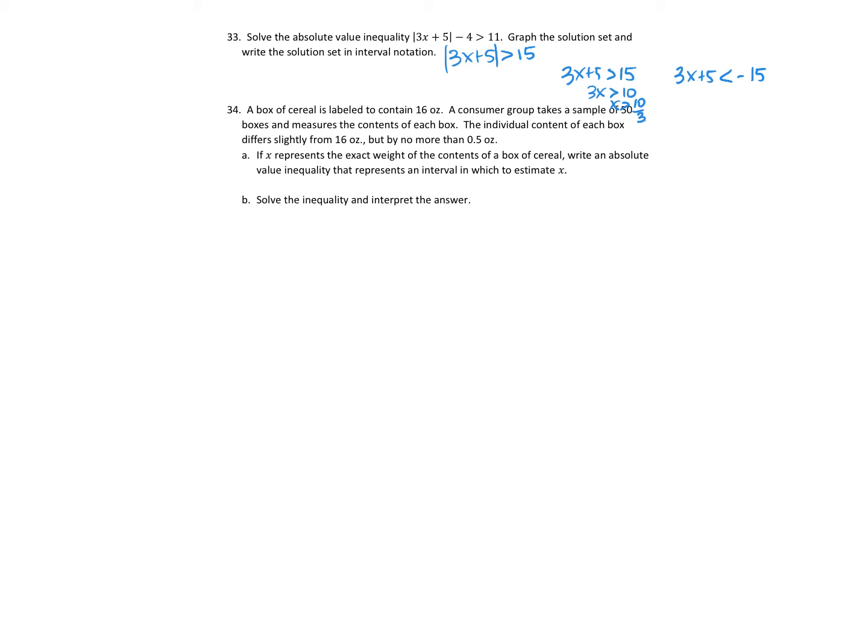Did I add wrong here? 3x plus 5 is greater than 15, and I subtract 5. So 3x is greater than 10, so x is greater than 10/3. 3x plus 5 is less than -15, so that gives me 3x is less than -20, so x is less than -20/3.